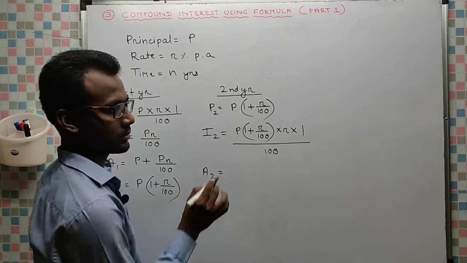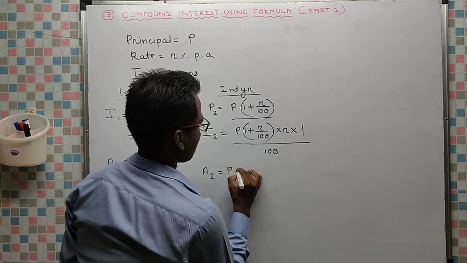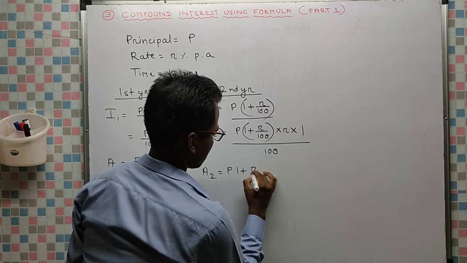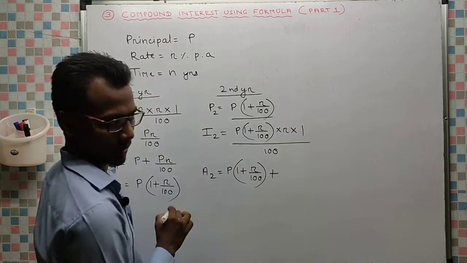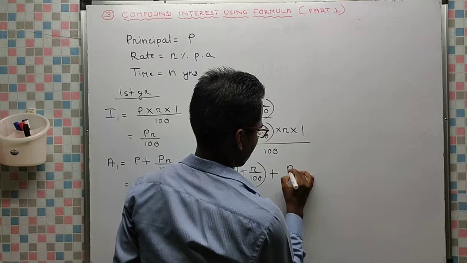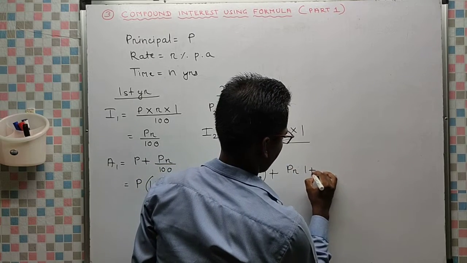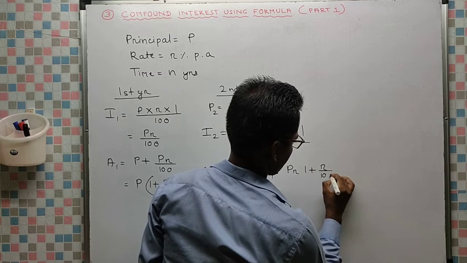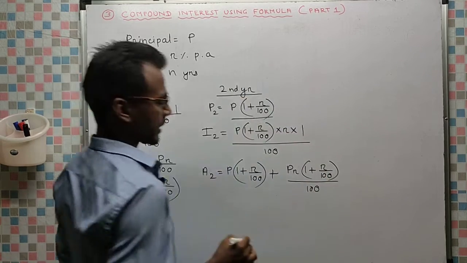So amount will be principal plus interest. Principal is this P whole into 1 plus R by 100. What is the interest? PR into 1 plus R by 100 by 100.